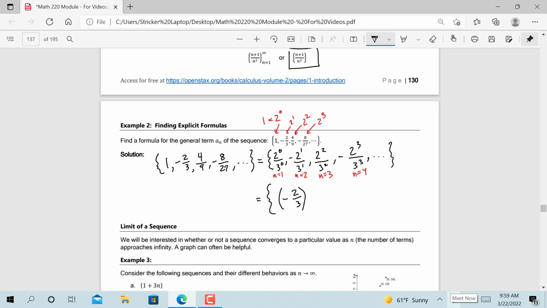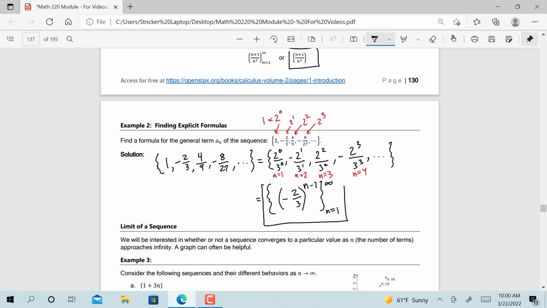Because that was n equals 2, right? Power of 1 for n equals 2. So we can raise that to the n minus 1 power, because it's always going to be 1 less. You can double check to make sure that works, but it does in fact work. If you plug in n equals 1, this becomes the 0 power, which is going to turn that into 1. If you plug in n equals 2, the second term is going to be negative 2/3, and so on.